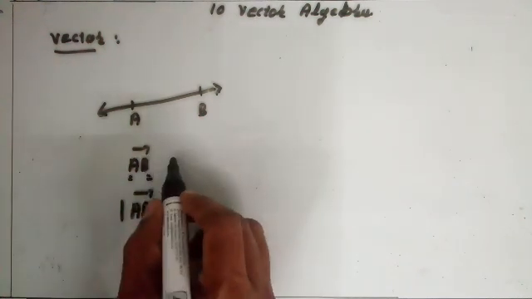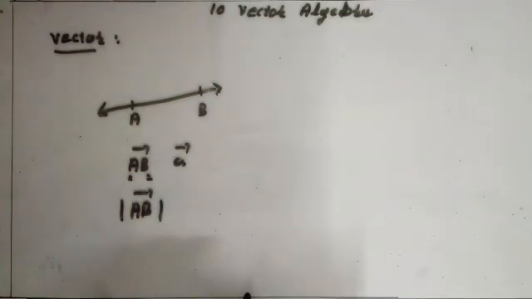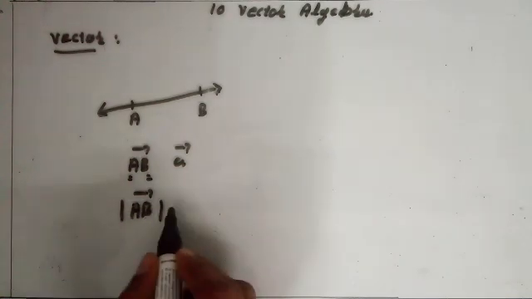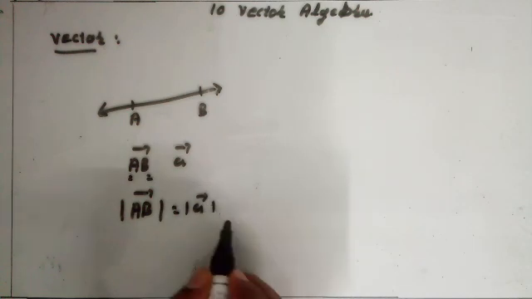Sometimes vector AB is also denoted by this symbol, vector A. So magnitude of vector AB is equal to magnitude of vector A.